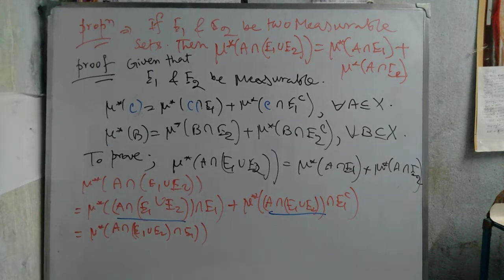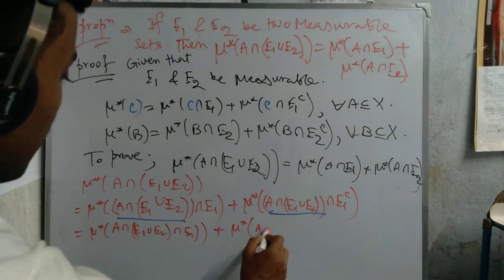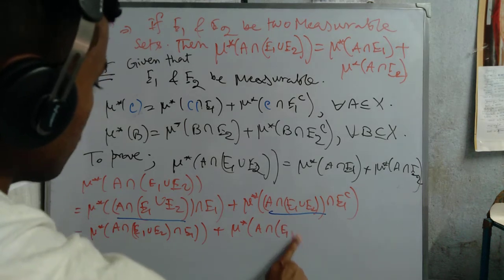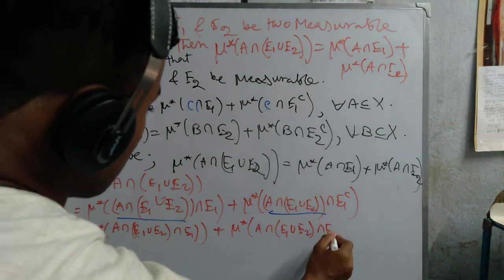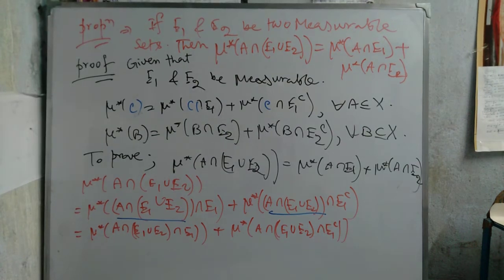We write this one first, then plus, in this way, mu star of A intersection (E1 union E2) intersection E1 complement. Understand? Not a problem at all. I think this one is okay.